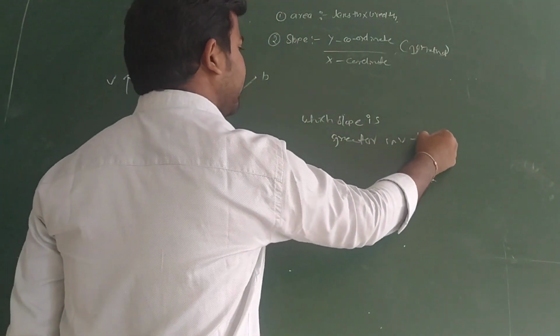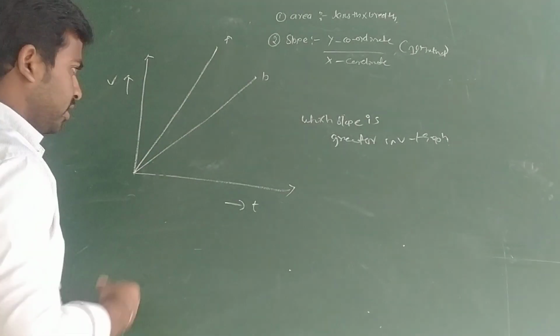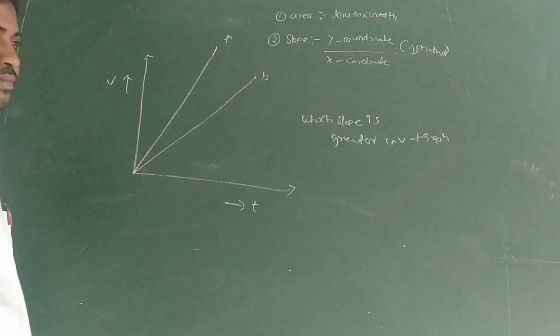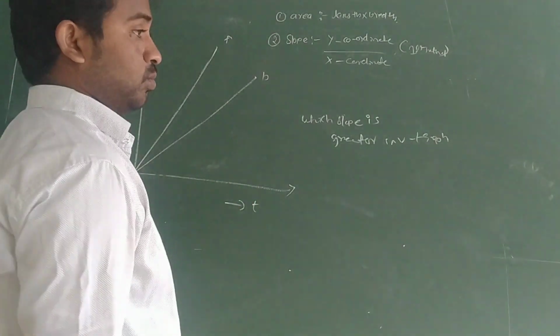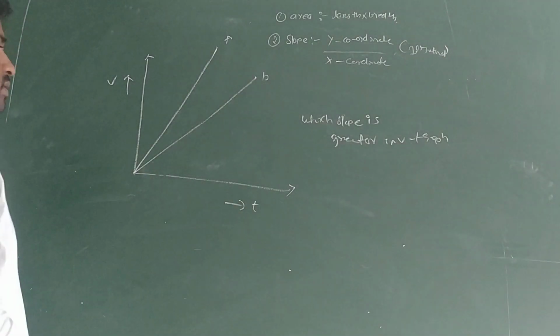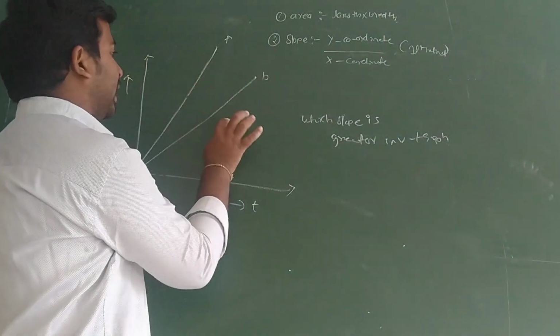How can we decide? Here also you can choose y coordinate by x coordinate. For both lines y is the same and x is the same. Right or not? Of course, it may be different also. But that other method I don't know. First, we can make an angle for the two lines.